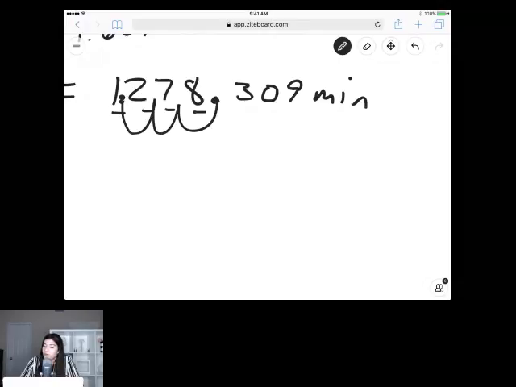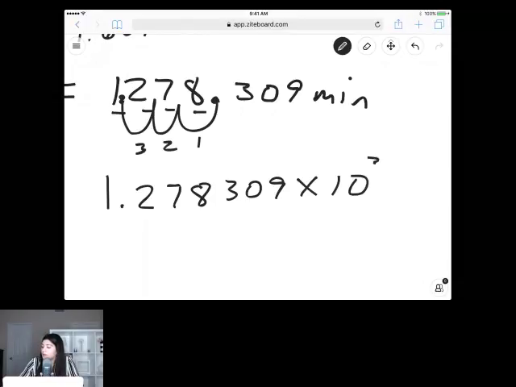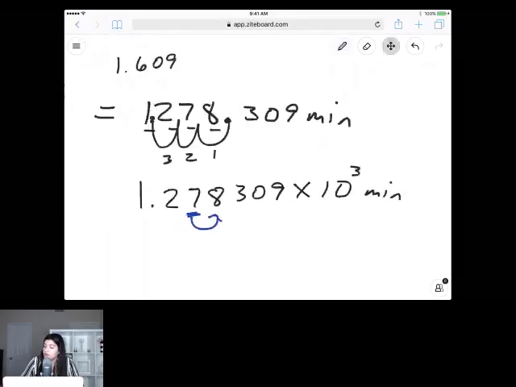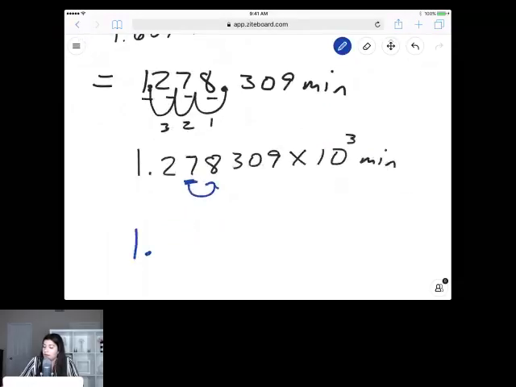And this really would have been 1.278309 times 10 to the 3rd minutes. However, I'm now going to round to 3 significant figures. So that's going to stop here and round up. And our final answer is 1.28 times 10 to the 3rd minutes.